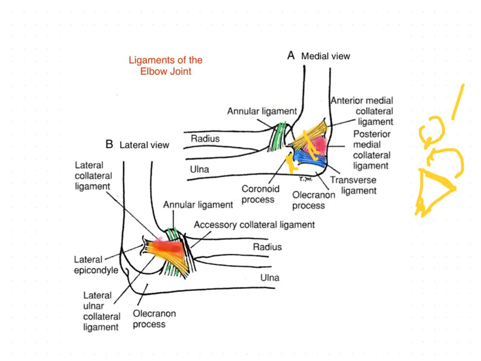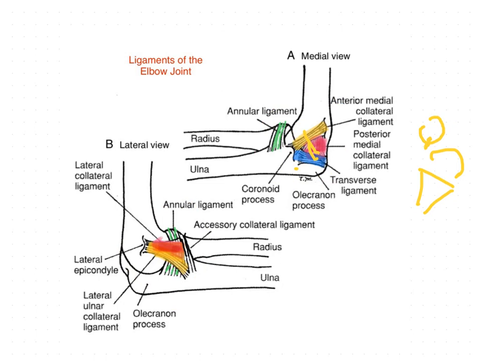Okay, now coming to the anterior bundle of the medial collateral ligament, which is considered the primary ligamentous restraint of valgus stress. So this is the main bundle of the medial collateral ligament which is going to handle the valgus stress from 20 degrees to 120 degrees of elbow flexion.